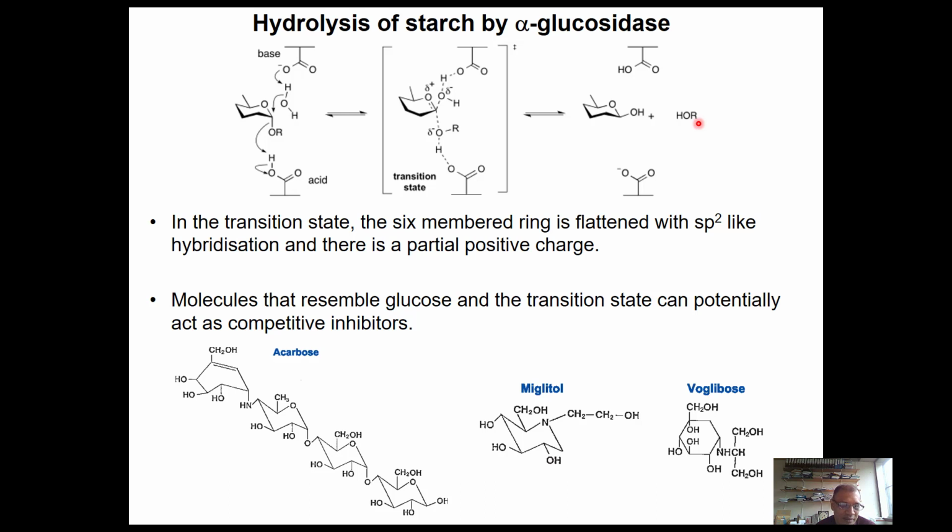This being the mechanism of the enzymatic reaction, if there are molecules that resemble starch, they might be recognized by the enzyme as well. Even better if they resemble the transition state of the enzyme.